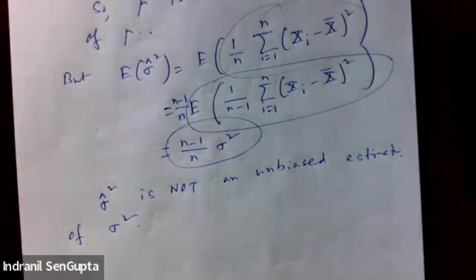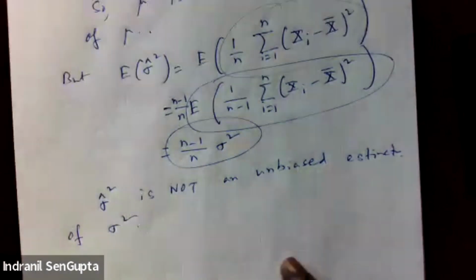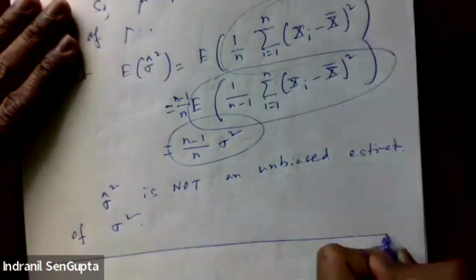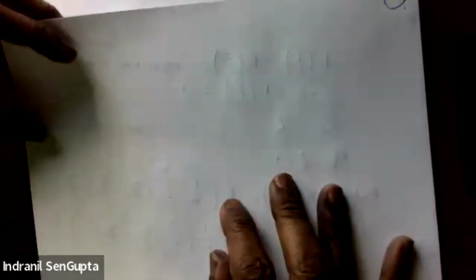Let's now solve an exercise problem so that we can feel better about the numbers. All right, so here's an exercise problem, exercise 4.1.1 from the textbook.